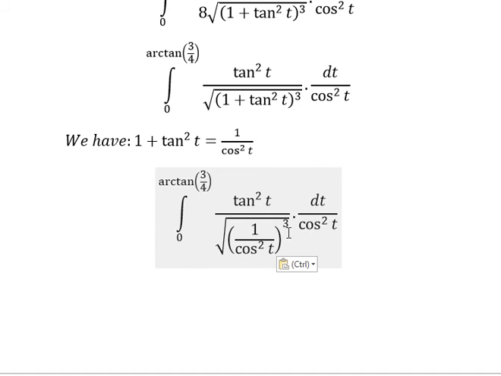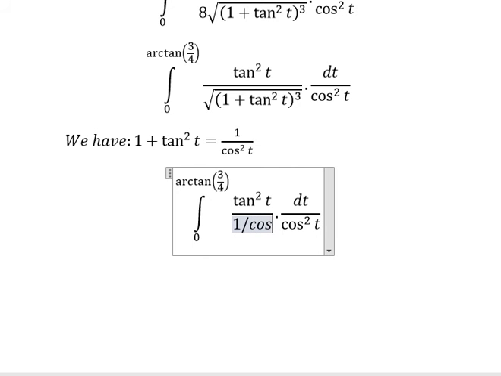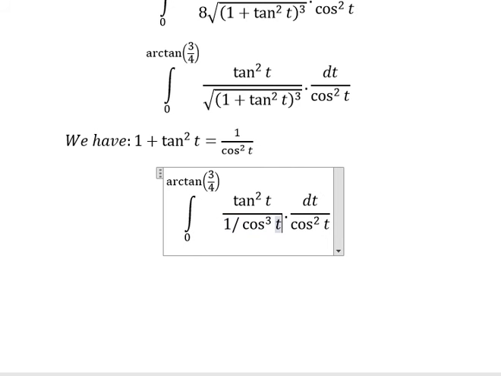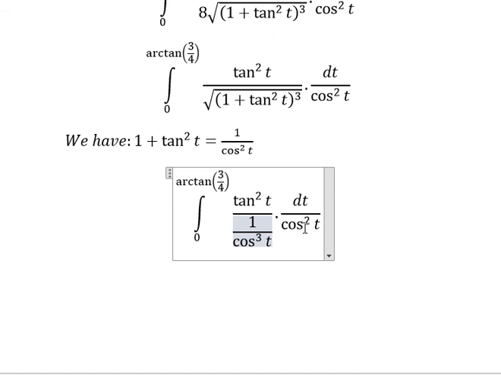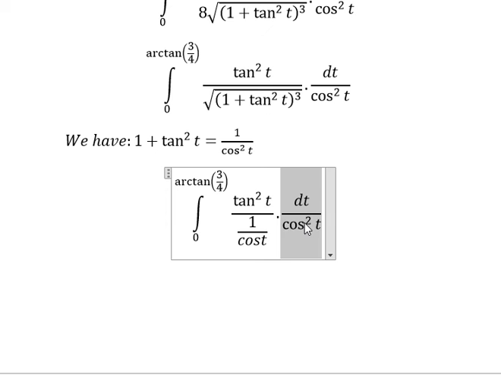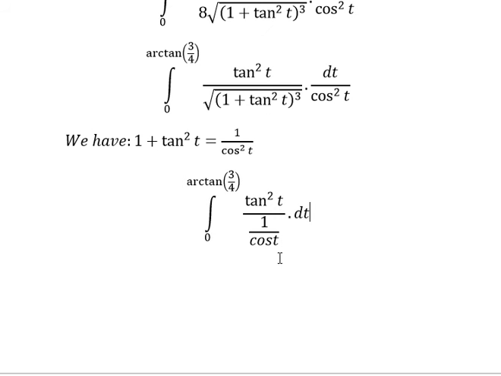So we have 1 over cosine t to the power of 3. Cosine t squared and cosine t to the power of 3, you will get cosine t. Cosine t goes to the numerator.